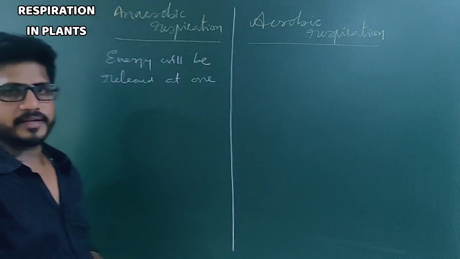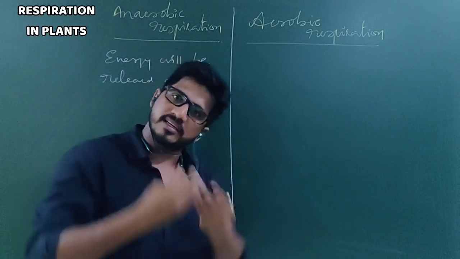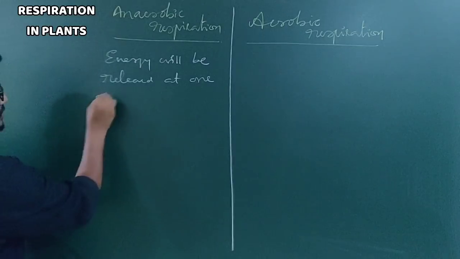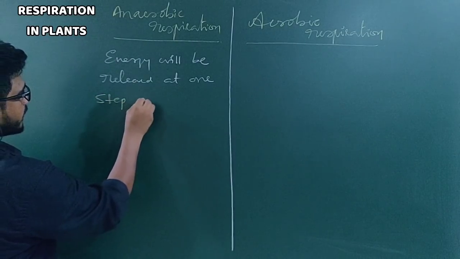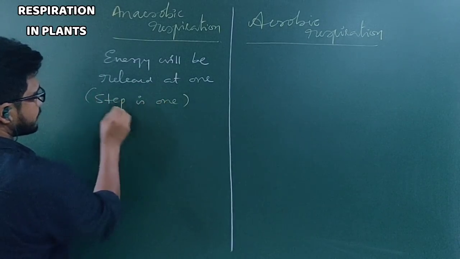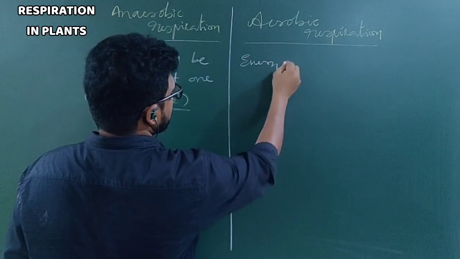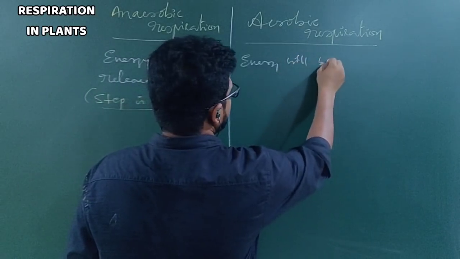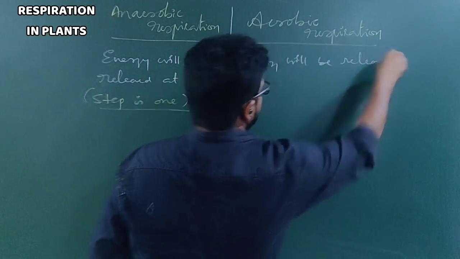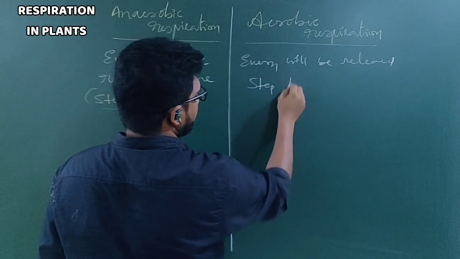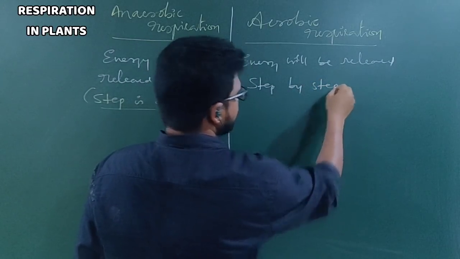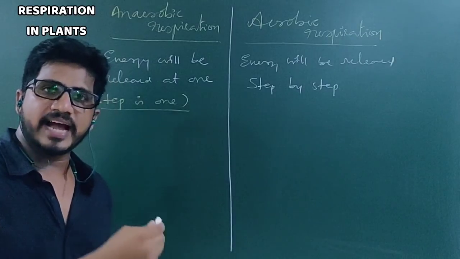The step involved in anaerobic respiration is only one, so the energy is released at a time, because it is a single step. Whereas in aerobic respiration, energy is released step by step, not at a time, slowly, gradually.